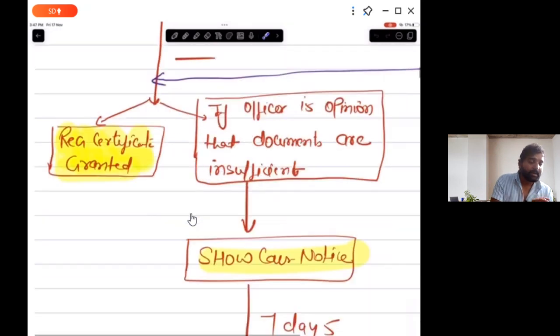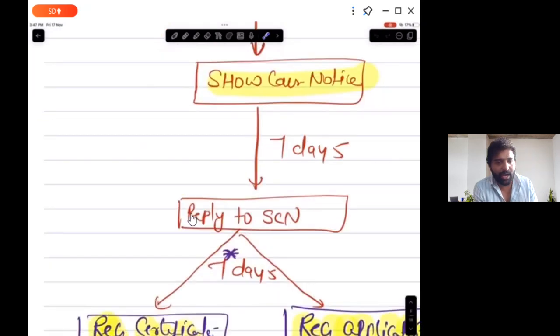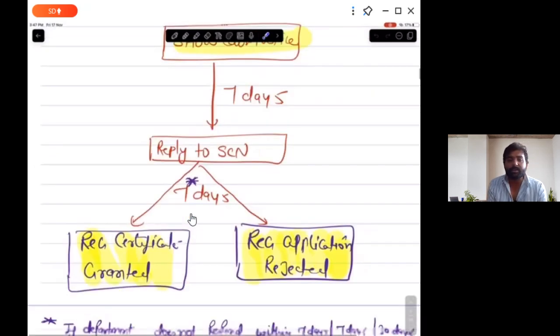And once a show cause notice has been issued, I need to reply within 7 days. And after I reply, again the department needs to respond within 7 days. So the combination is I need to do the Aadhaar authentication within 15 days. Once the application is submitted with Aadhaar authentication, the department gets 7 days to either issue the certificate or a notice.